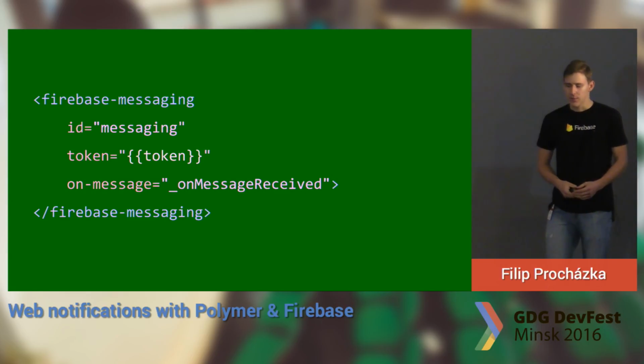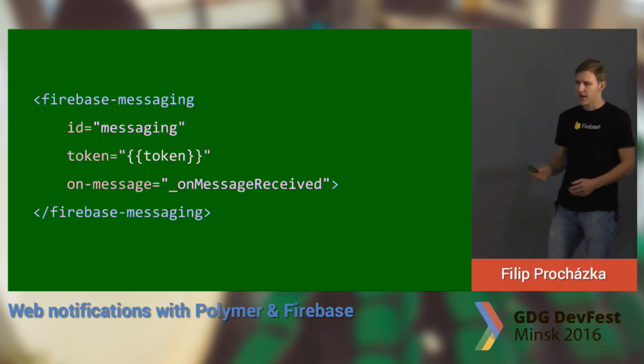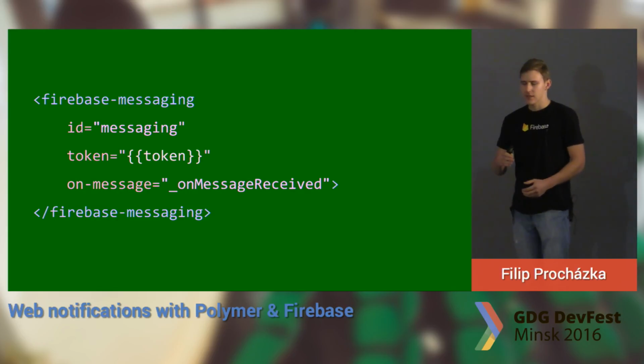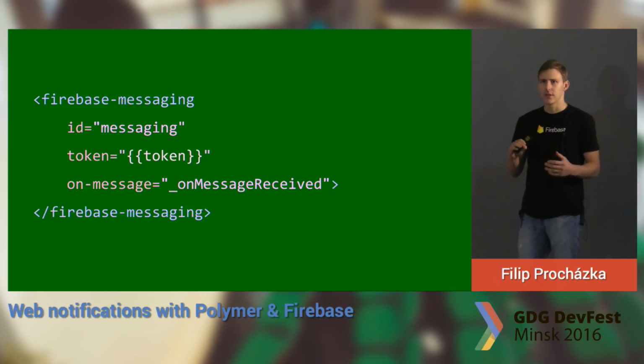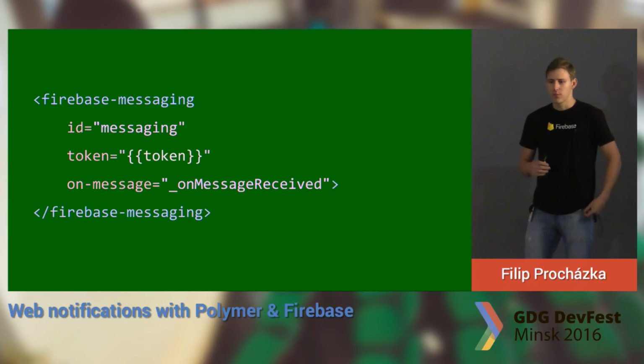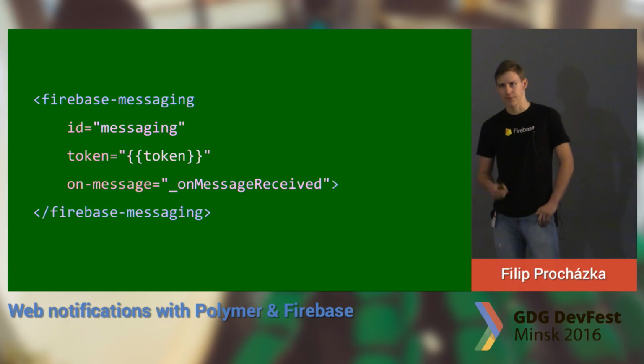Then we use another web component we haven't yet seen before. It's Firebase messaging. This web component basically does the logic of registering the token and providing it to us so we can register it on the server. And it also listens for push messages while our app is open, so we can change the UI.